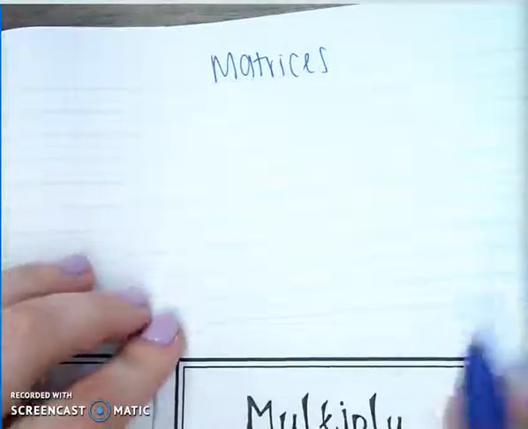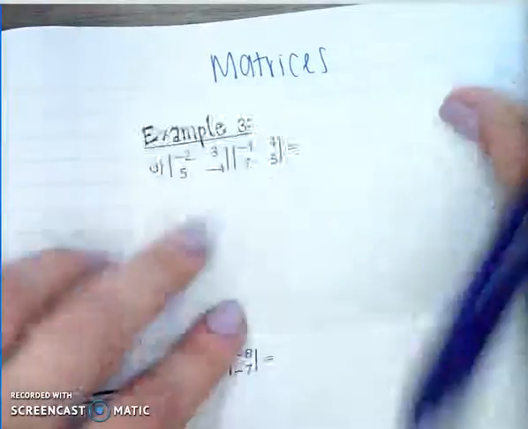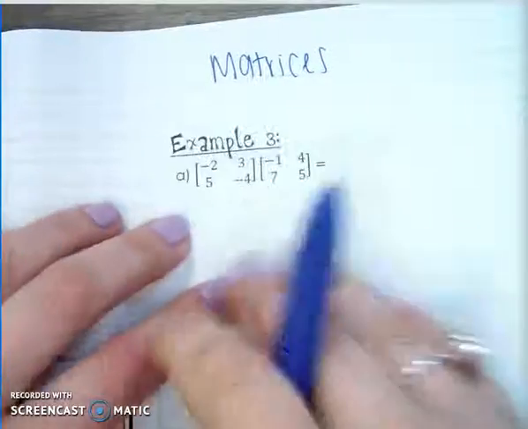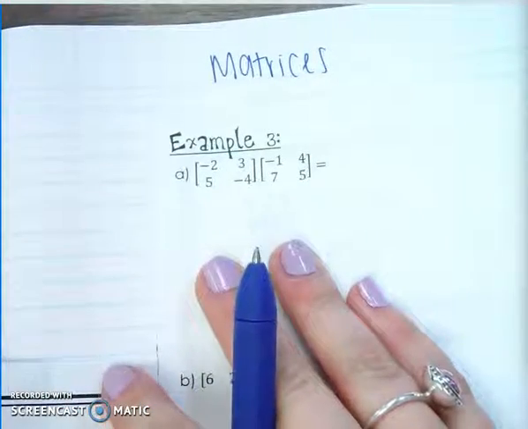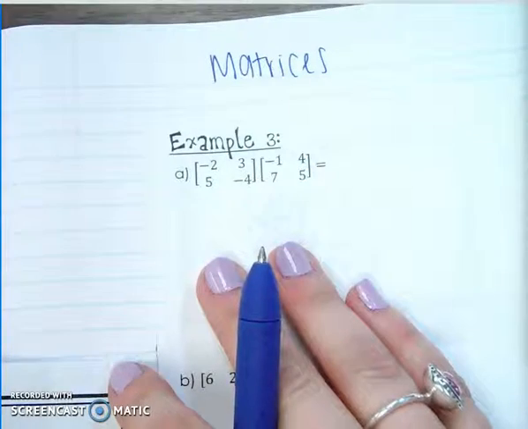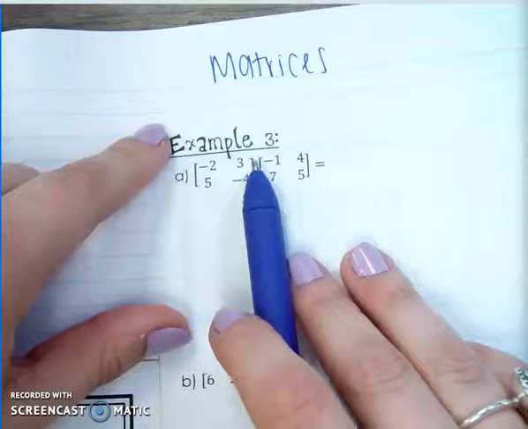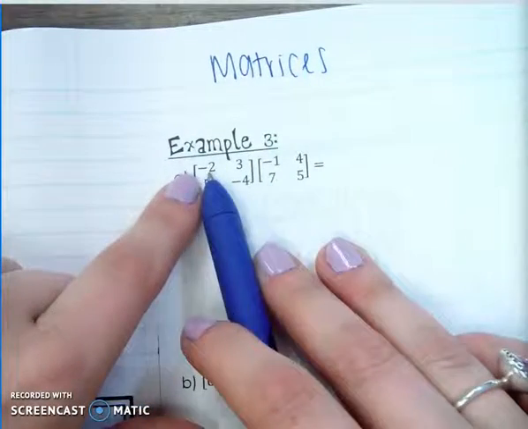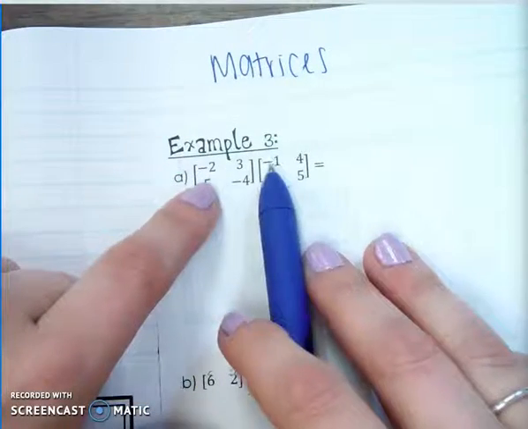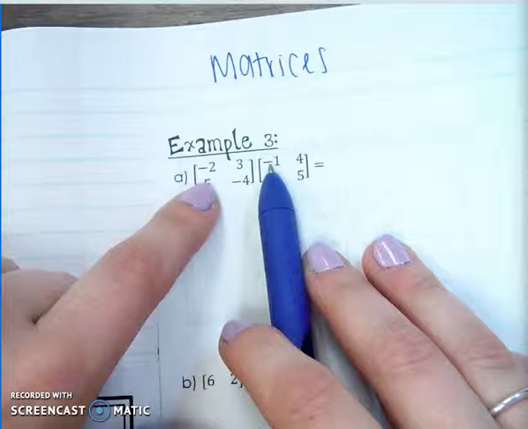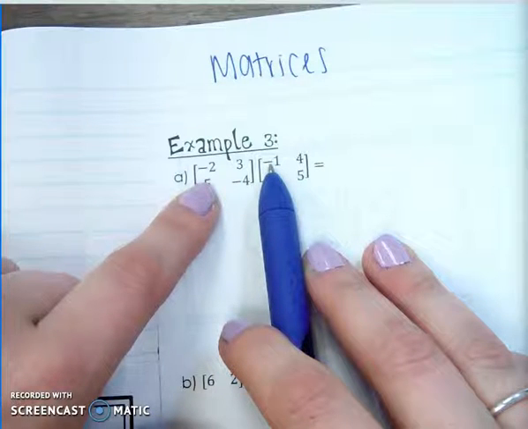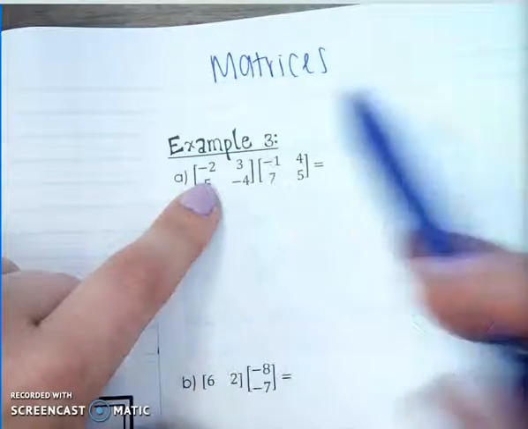All right, so if we're multiplying matrices, very similar to when we added and subtracted, I am looking at multiplying whatever is in this top left corner by this top left corner. But hold on.